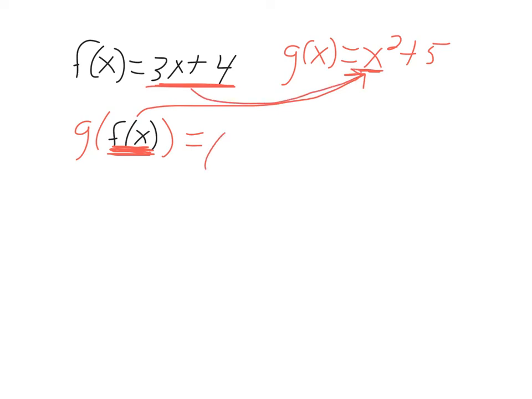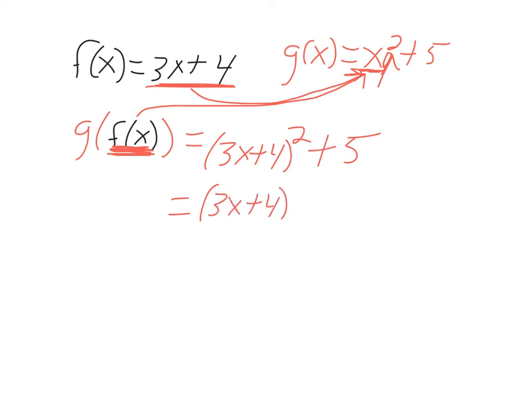So I'm going to have 3x plus 4. You have to square it because that's what it says. There's a 2 up there, right there. So whatever you slid in there, you need to square that. Then plus 5. So that means I have 3x plus 4 squared, which means 3x plus 4 times 3x plus 4, and you have your plus 5.